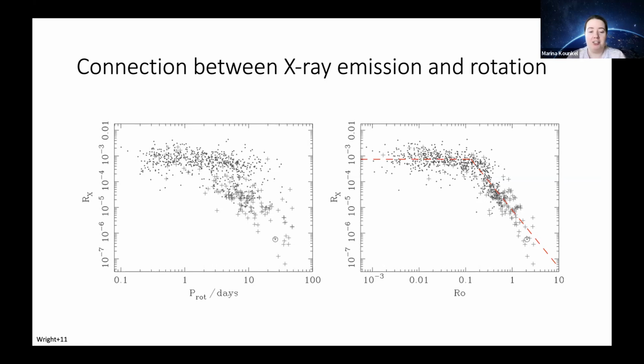As the rotational period increases, as you transition to the regime where you have slow rotation, then the X-ray luminosity tends to decrease ever so slightly as well. So there is a significant correlation between all of these different properties.